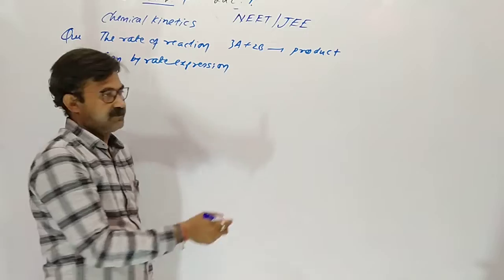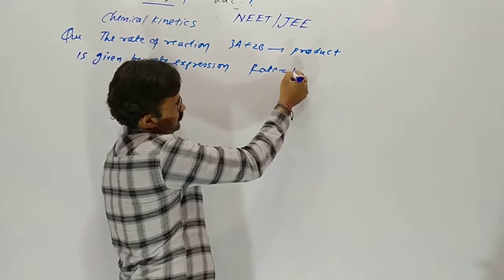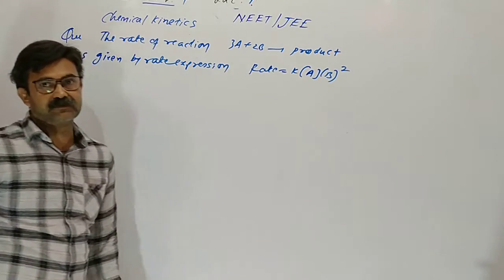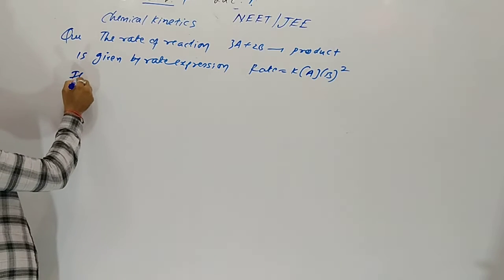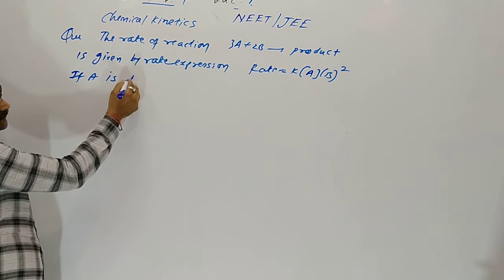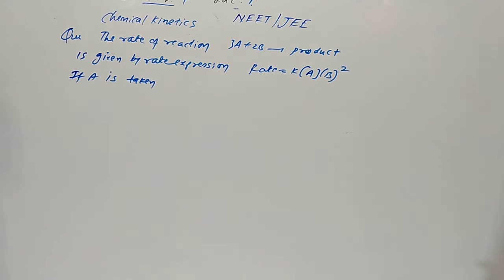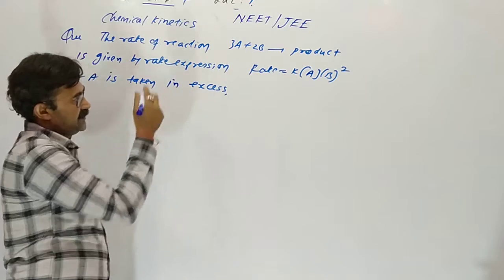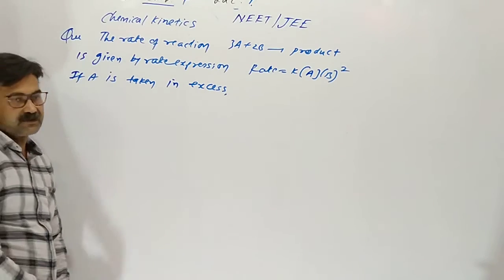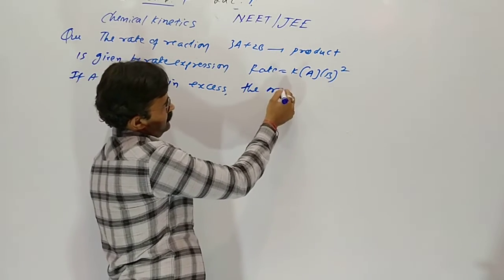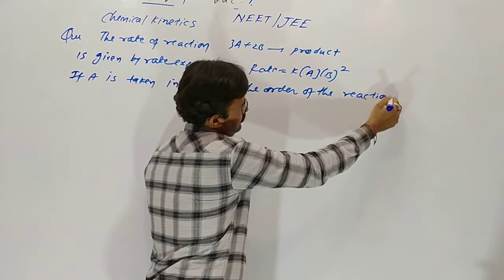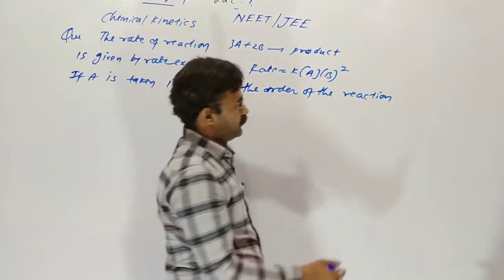So rate equal to k, A raised to 1 and B raised to 2. If A is taken in excess, meaning very high, the order of the reaction would be?